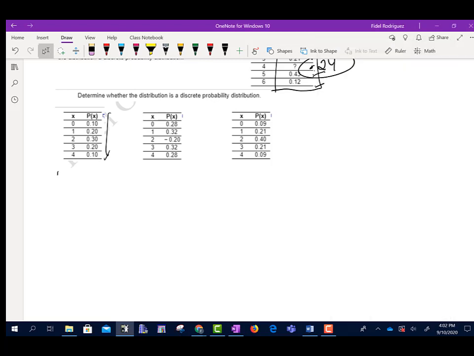So not a probability distribution, right? Okay, this one here, I'm also going to say not a probability distribution. Remember, all the numbers have to be between 0 and 1. That one there, my friends, is negative, right? Okay, so let me check the third one here.